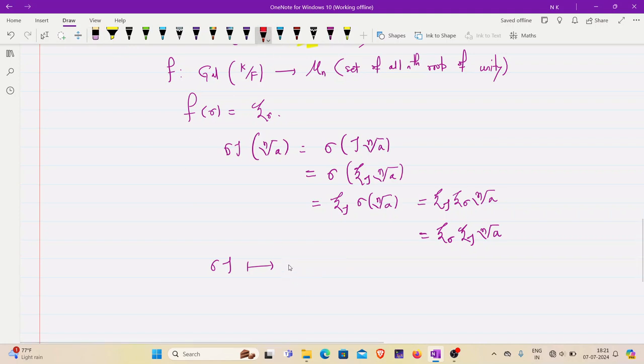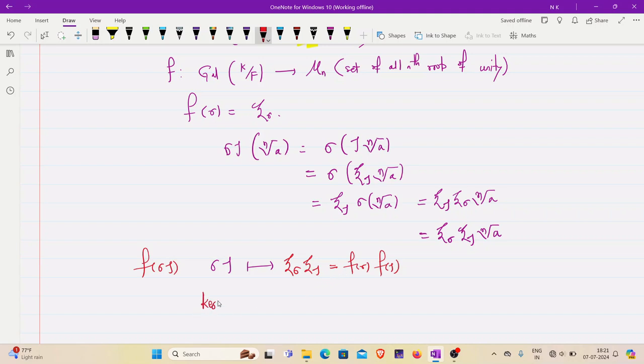Xi sigma means f of sigma, xi tau means f of tau. So f of sigma tau is f of sigma into f of tau, so it is a homomorphism.